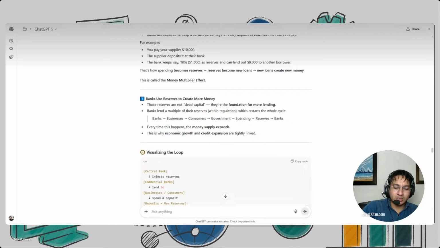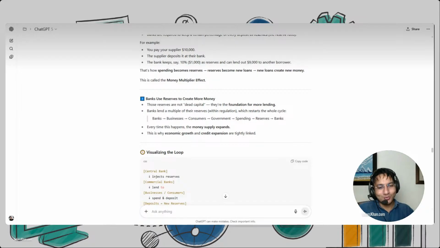Then these employees or suppliers deposit that money into the bank. The money deposited by the employees or suppliers will become the reserve in the bank, and the bank will have the money to loan to the businesses.